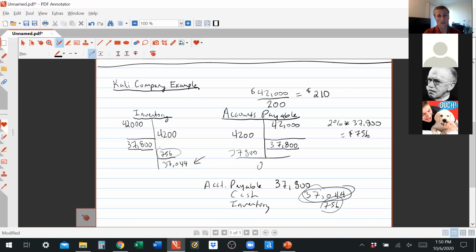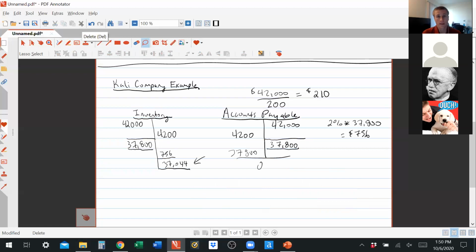Because if we didn't reduce inventory, the balance in the inventory account would be 37,800, which is not what we've paid, because we've only paid 37,044. So hopefully that makes sense. So that's the journal entry for paying within the discount period.